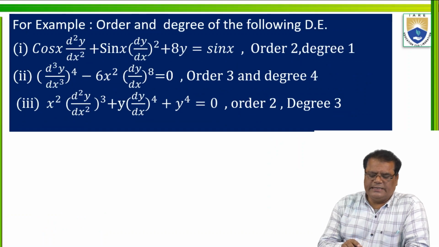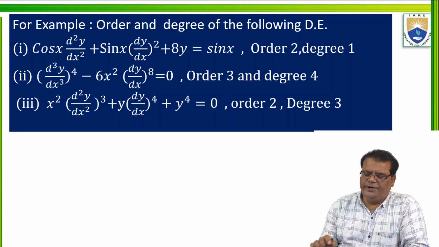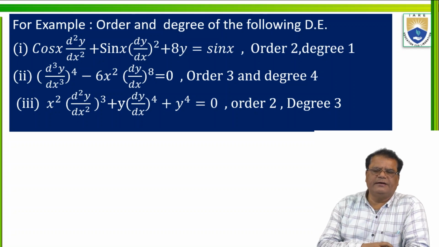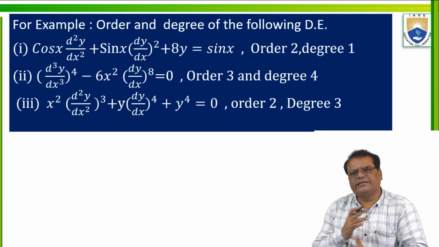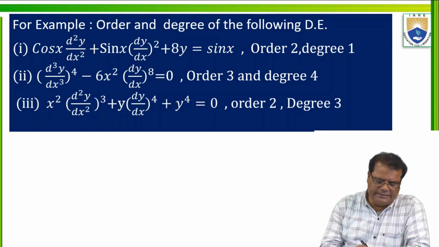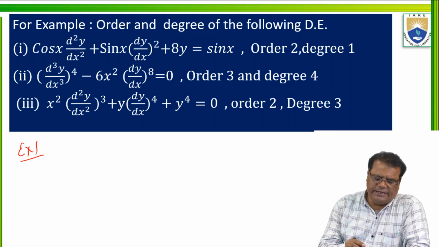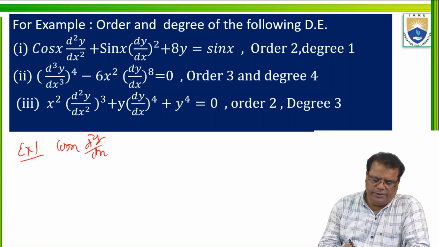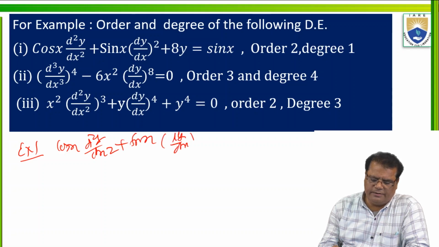Now for example, order and degree of the following differential equation. I have given some examples here. So how do we discuss the order and degree of a given differential equation, how do we check them. Now in example 1 we check this: cos x d2y over dx2 plus (sin x dy/dx)^2 plus 8y equal to sin x.